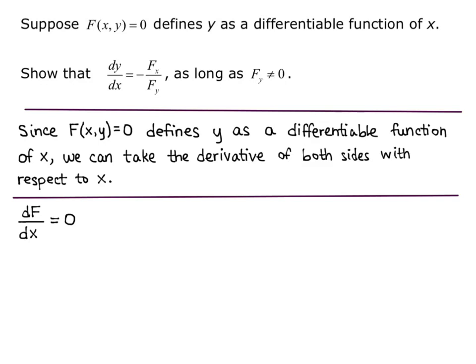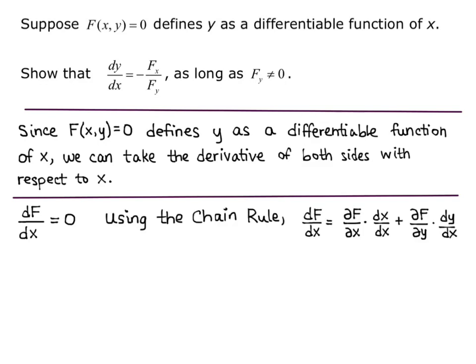Using the chain rule, df/dx equals partial f partial x times dx/dx plus partial f partial y times dy/dx. Because we are given df/dx equals 0, we have this whole chain rule piece equal to 0.